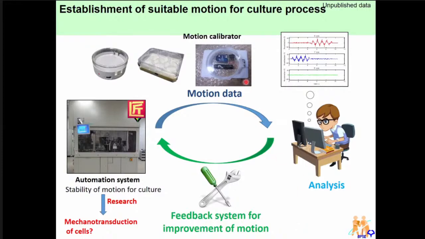So we put in a motion calculator, as I often say. We can put some gravity sensors here, a battery and memory. And during the operation in the automation system with this, we can measure the gravity force for the XYZ axes, so that we can understand the acceleration mode and which motion is suitable, and feed back again.